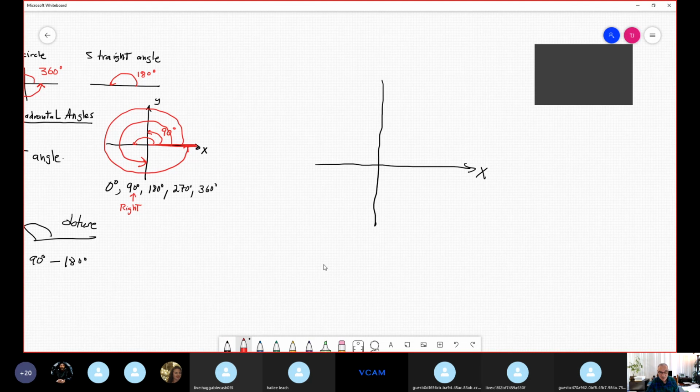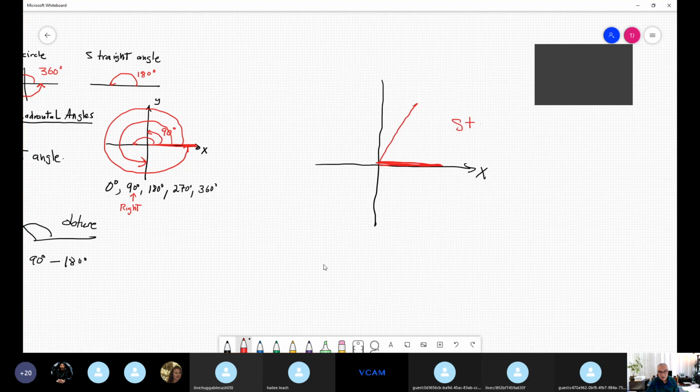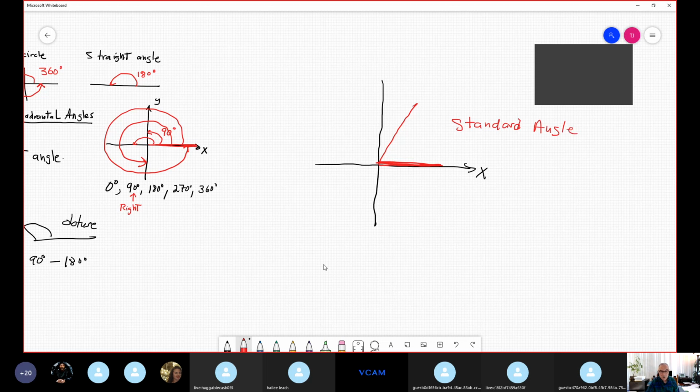So one angle is like that. This is the initial side. And the other, the terminal side, is in another position, like that. This is a standard angle, in which the initial side is always coincident with the x-axis. By the way, this one is obtuse.